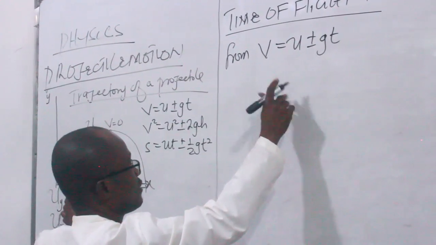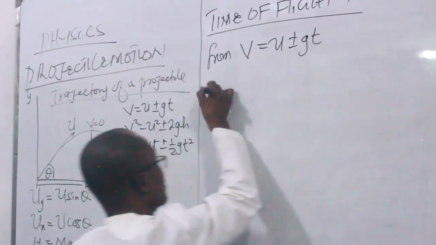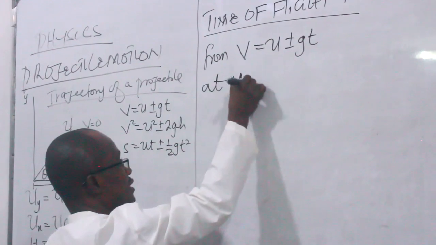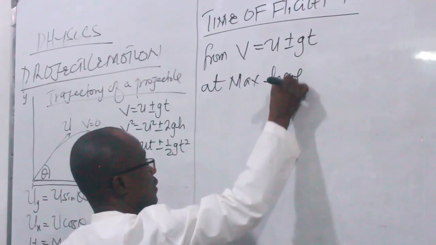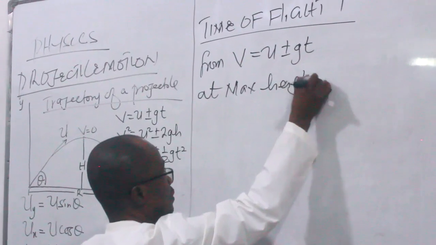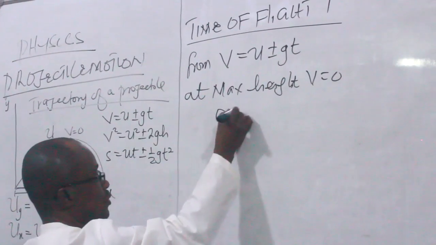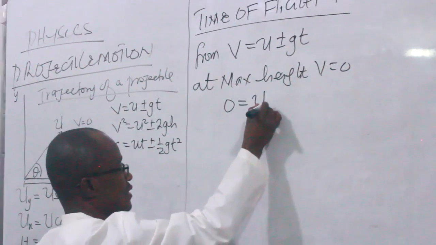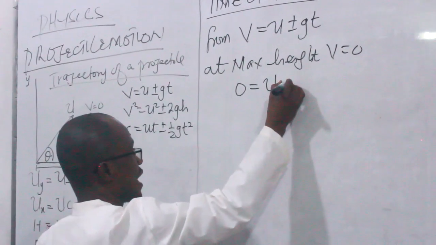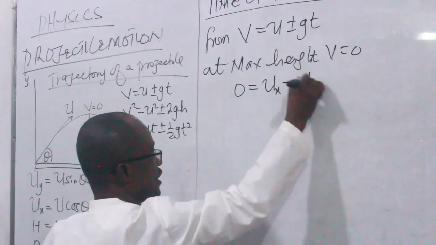In that case, remember at maximum height, say v equals 0. So here we have 0 equals uy, then going against the gravity, minus gt.